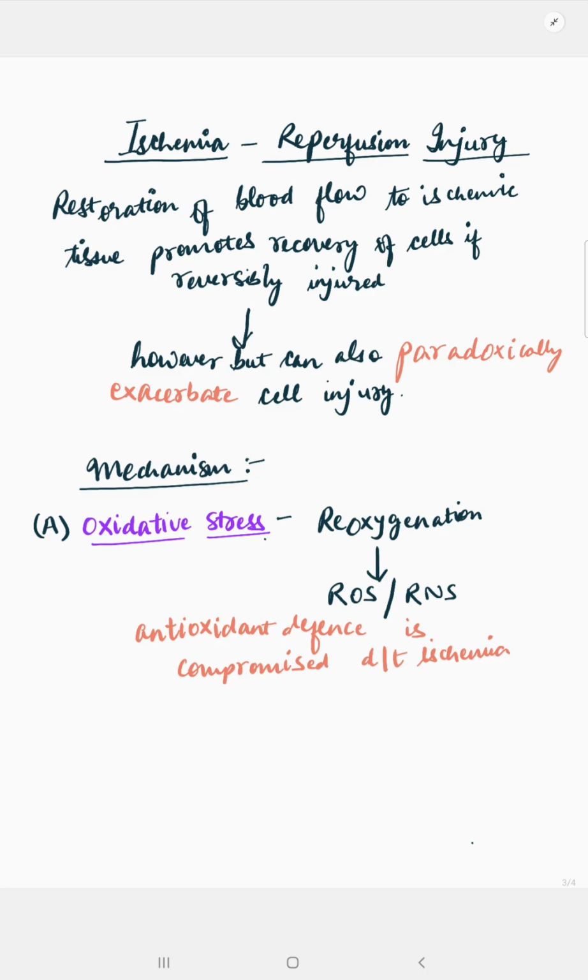So, what is the mechanism by which reperfusion can cause cellular injury? The first mechanism is oxidative stress.